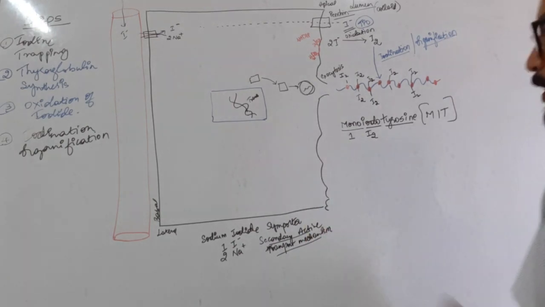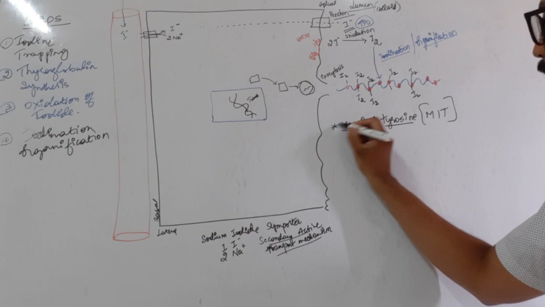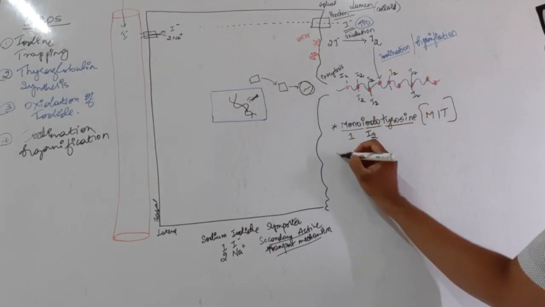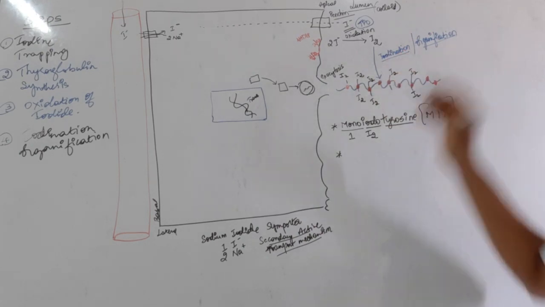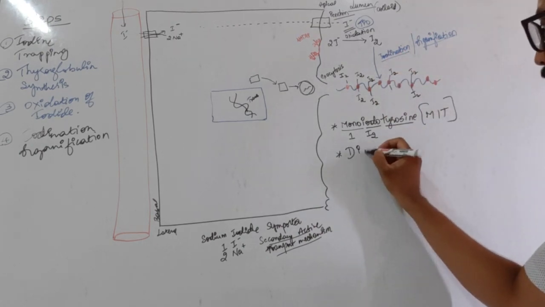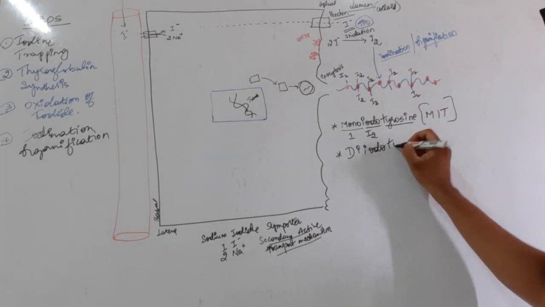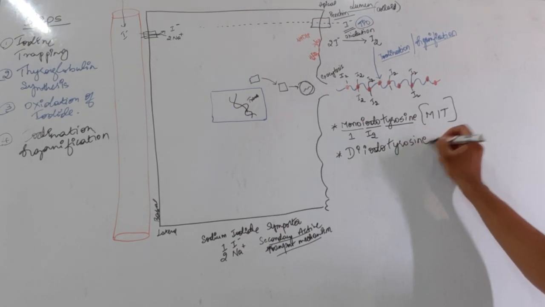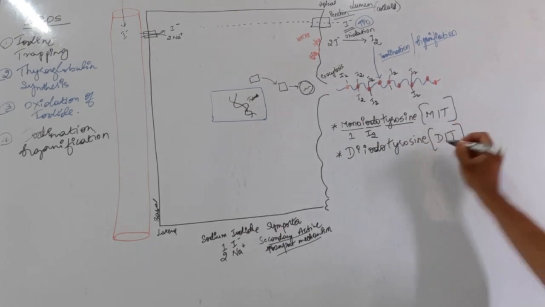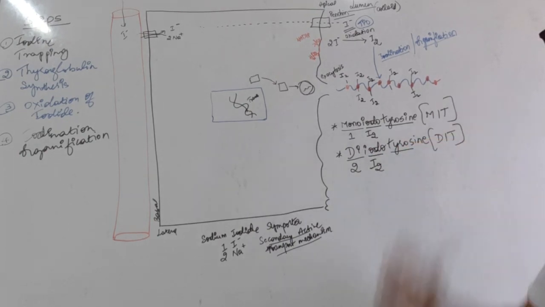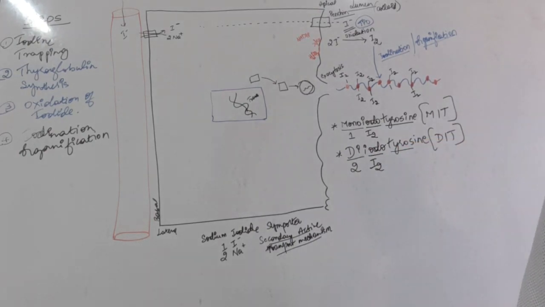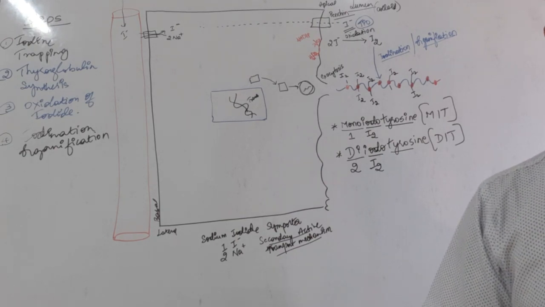In this example we can see one tyrosine molecule is attached with 2 iodine, so it is called diiodotyrosine or DIT. Di refers to 2, iodo refers to the iodine binding to the tyrosine.